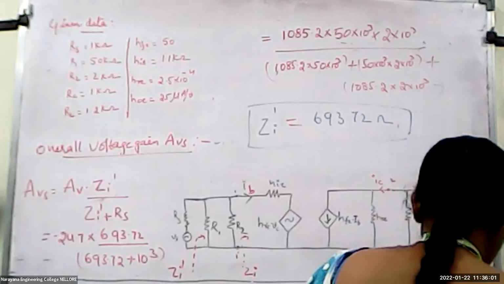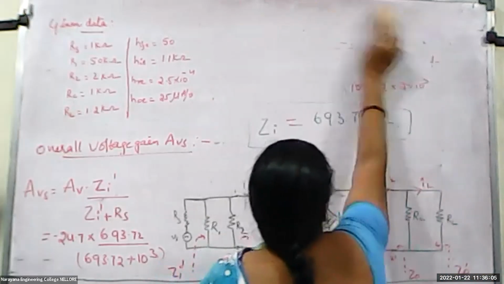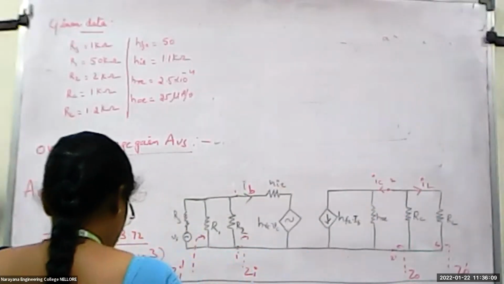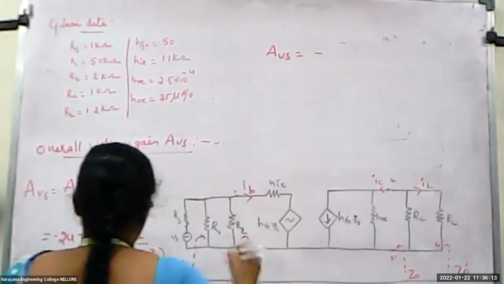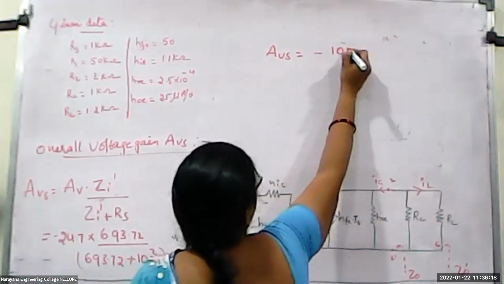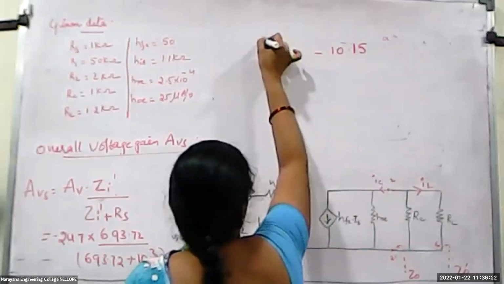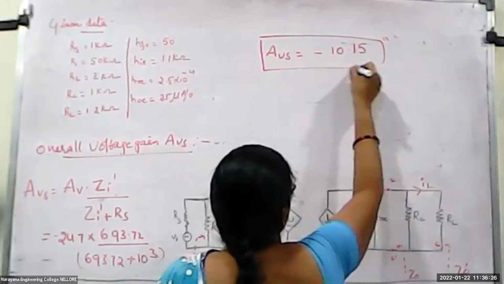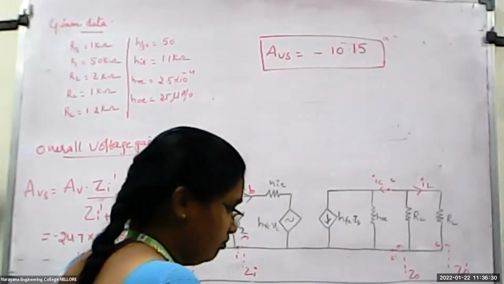Minus 10.15. You can get AVS as minus 10.153. Two decimals are enough, ma'am? Two decimals are enough. Minus 10.15.